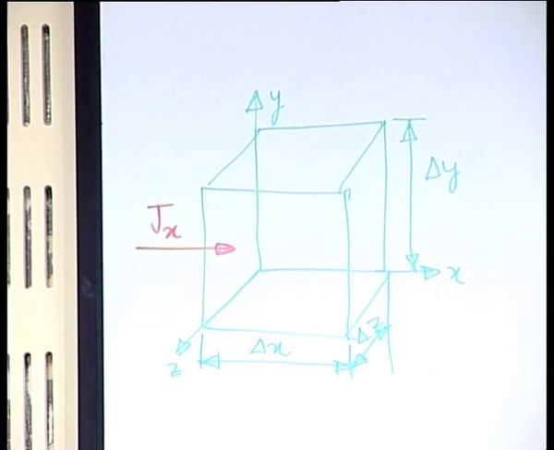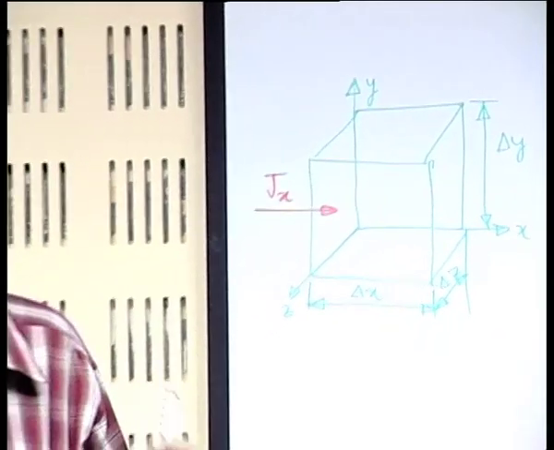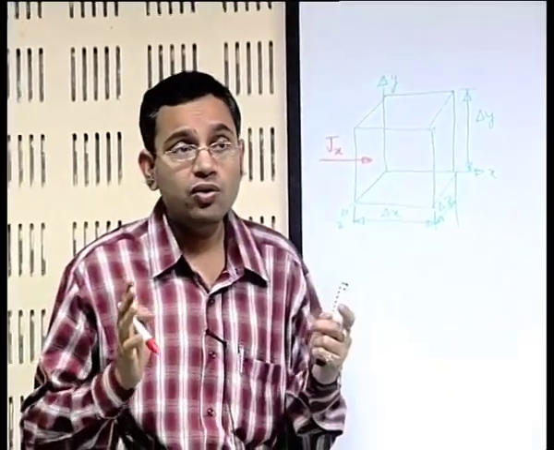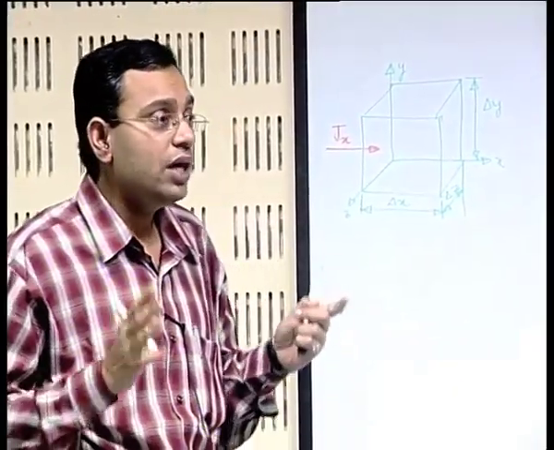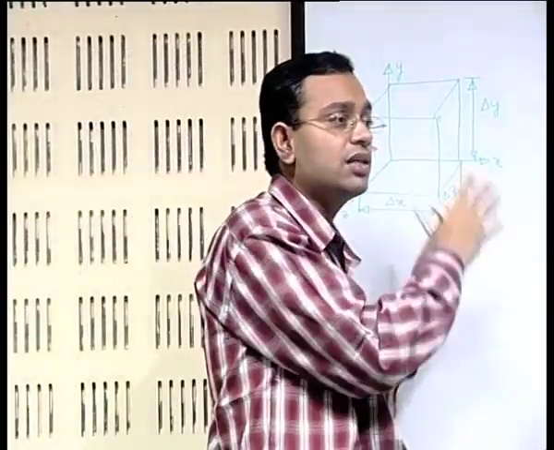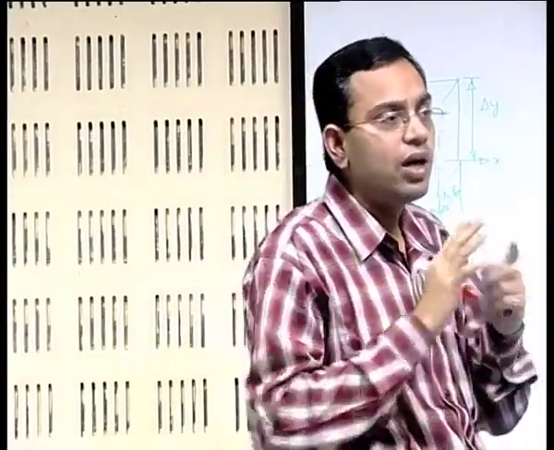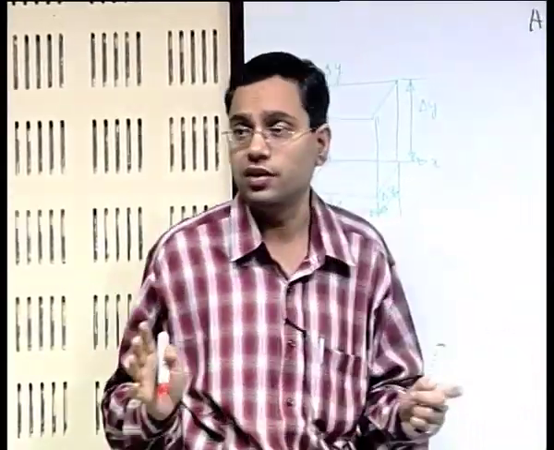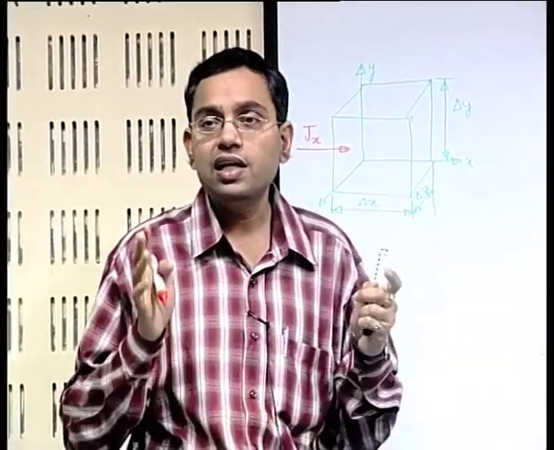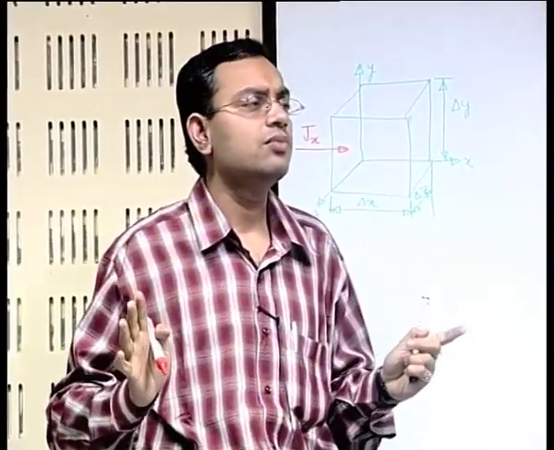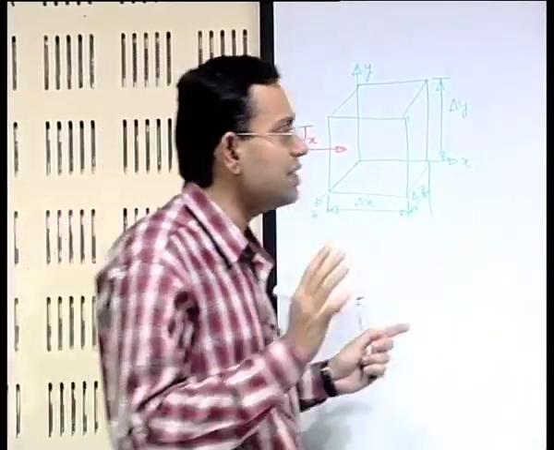Flux of what? We are trying to be a bit abstract now. We have seen special examples of mass, momentum, and energy conservation. Now we are trying to be clever. We are not committing whether it is mass conservation, momentum conservation, or energy conservation. What we are saying is that it is transport of some variable. So, what is that variable?